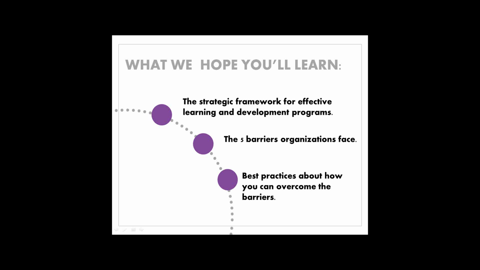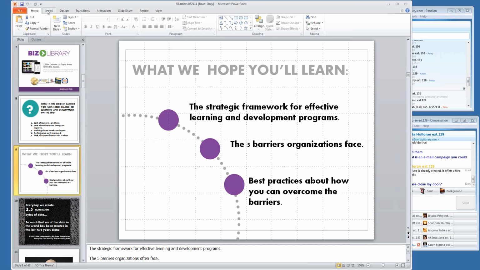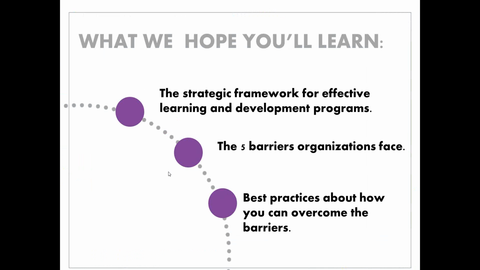Chris, I'm going to pass the ball over to you. We have 3 high-level things that we're going to hopefully discuss with you today. You see them? Yep, we are good to go. Perfect. So Jessica's right, we're going to talk about 3 high-level pieces of the barriers.